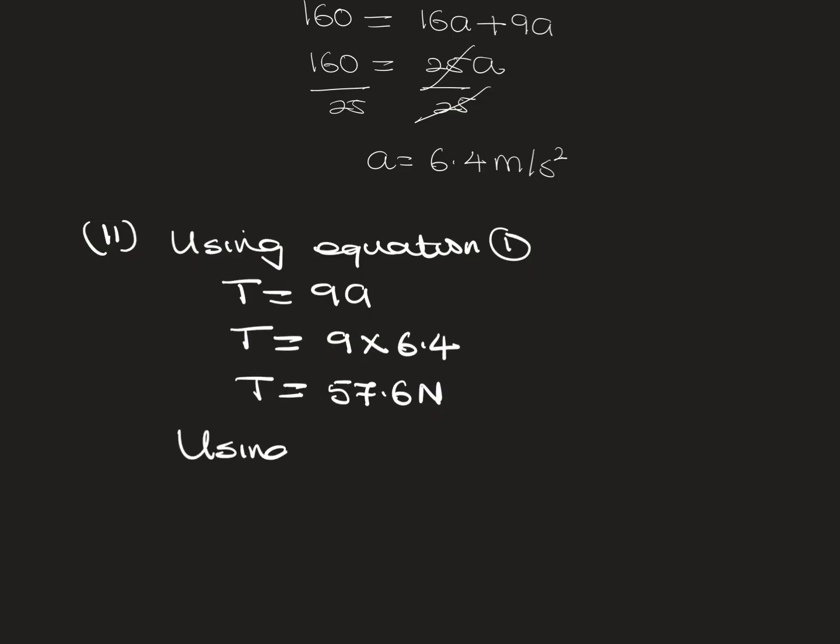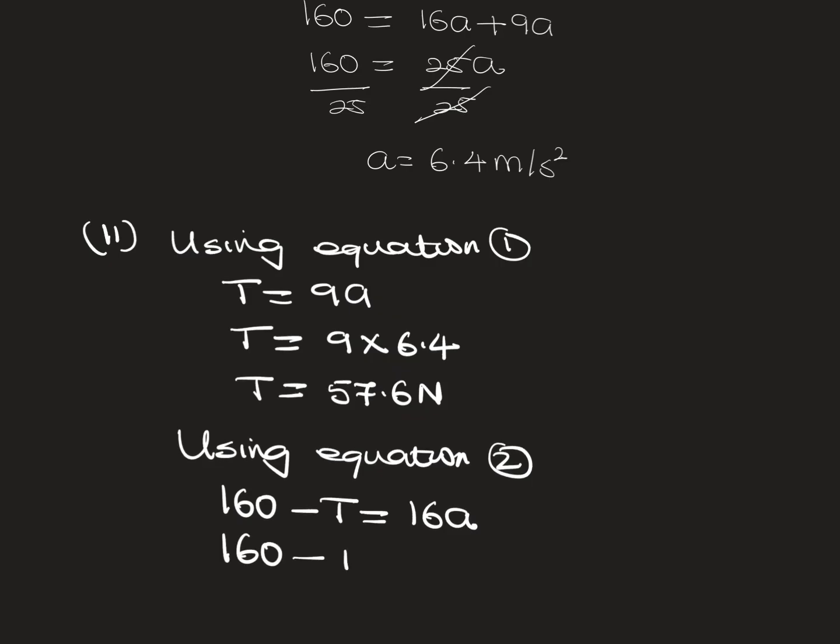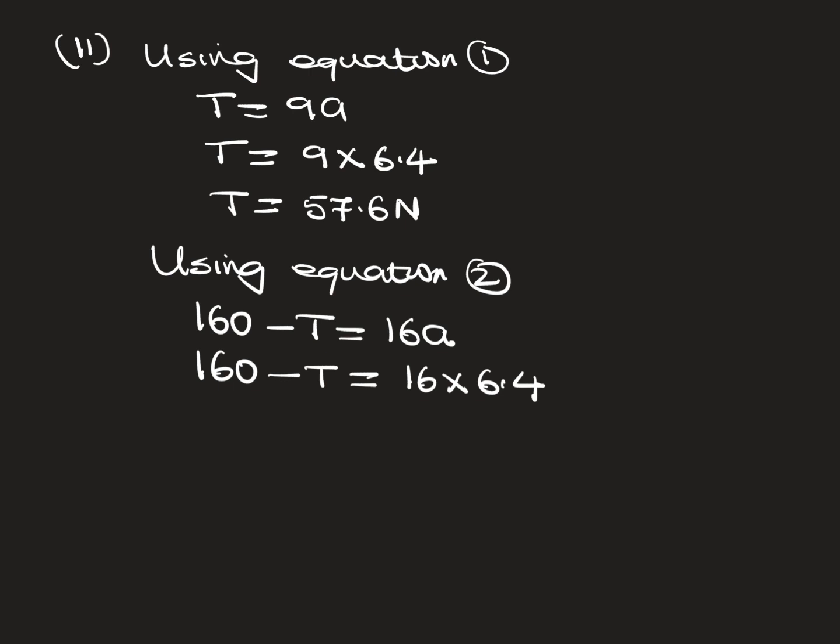All right, using equation 2, which is 160 minus tension is equal to 16A, that is going to be 160 minus T is equal to 16 times 6.4, which is the acceleration. So 160 minus T is equal to 102.4.